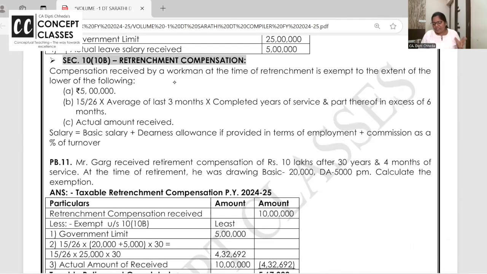Next one is retrenchment compensation. Now the next two formulas are fixed. When I'm asking the employee to go before his age is over, so 5 lakhs, 15 by 26 into average of the last 3 months into the completed year and part thereof in excess of 6 months, or actual amount received.